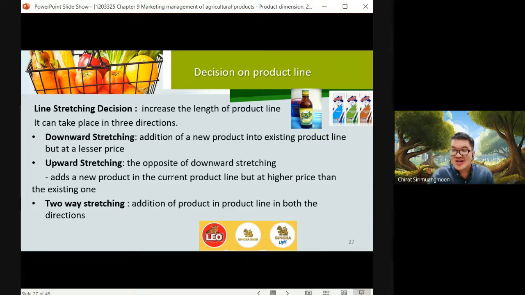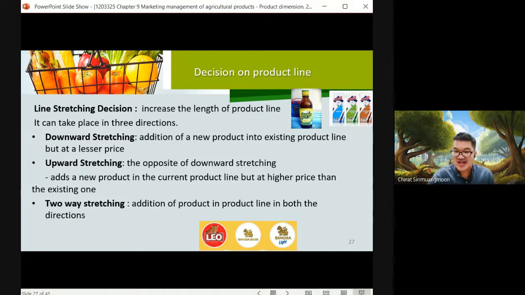For example, the energy drink Red Bull in Thailand is very famous, but marketers see some opportunities on the market, that some group of people don't want to pay a very high price for an energy drink. So this company just launched a low-price brand named Look Thung. In English, it means countryside brand. It's made with lower-salary workers. So this is called downward stretching.